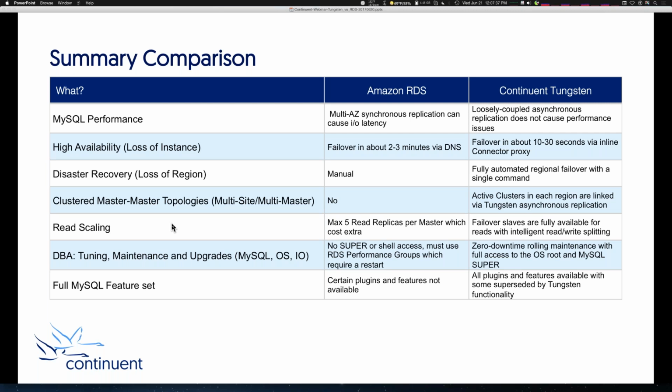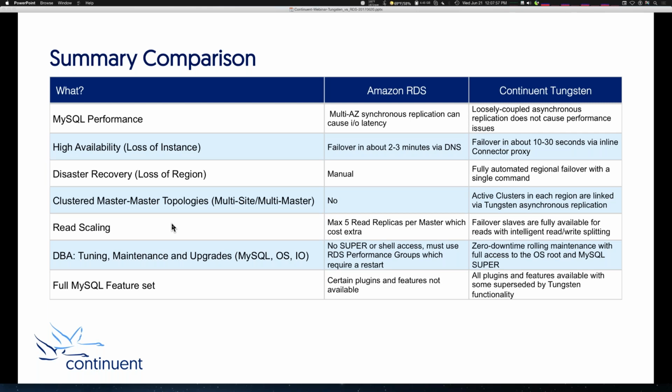When we talk about read scaling and performance, RDS only provides for 5 read replicas per master. You can cascade them downwards, but it's really only 5 per. So there's no unified management of these replicas, and they use native asynchronous replication.